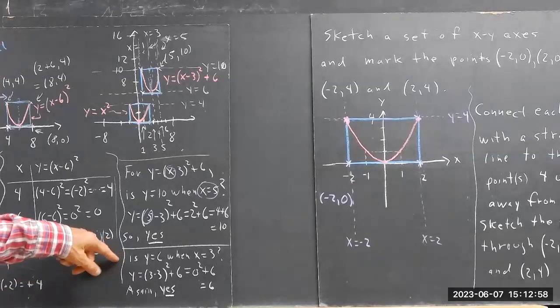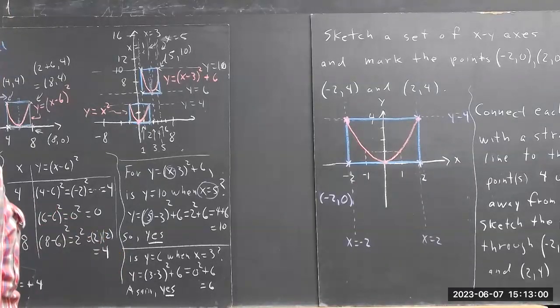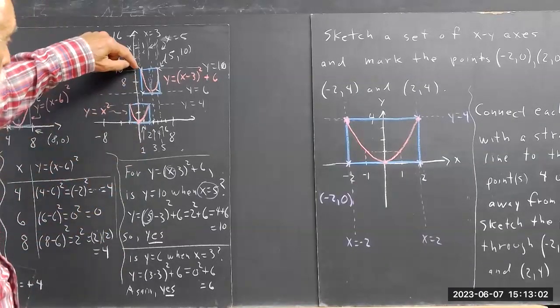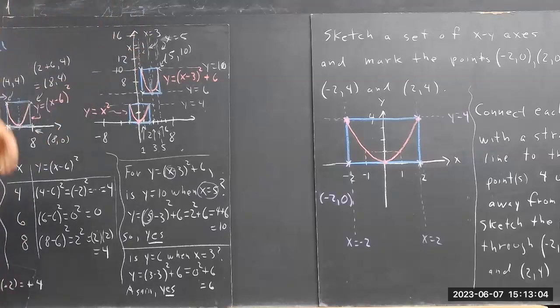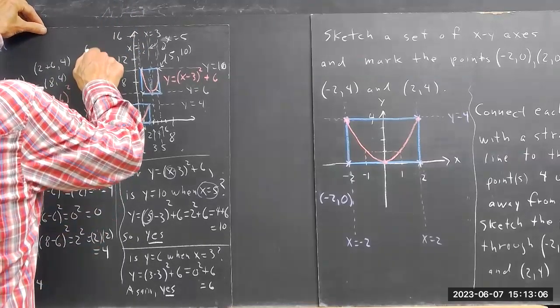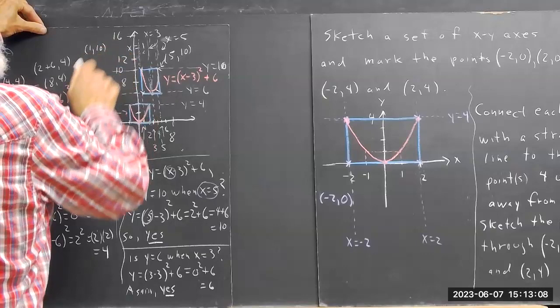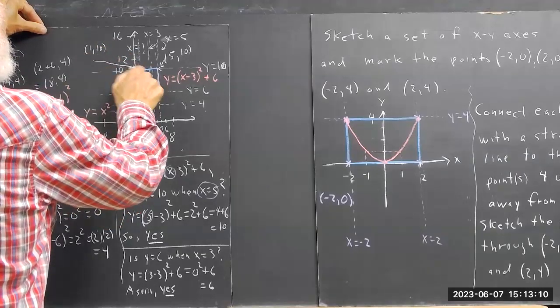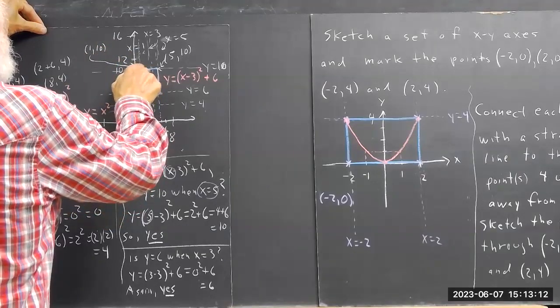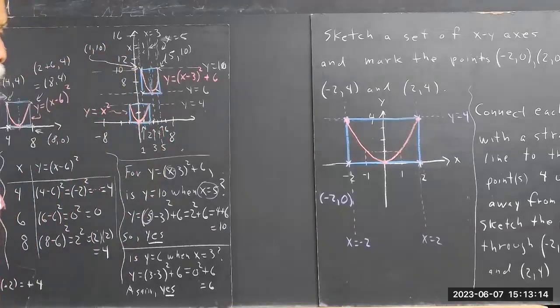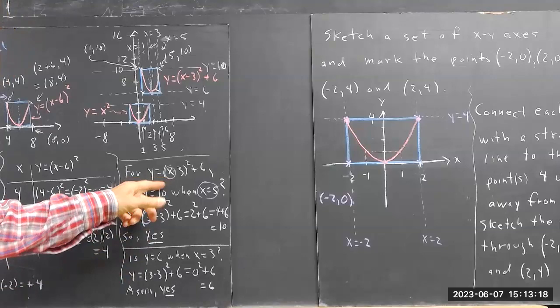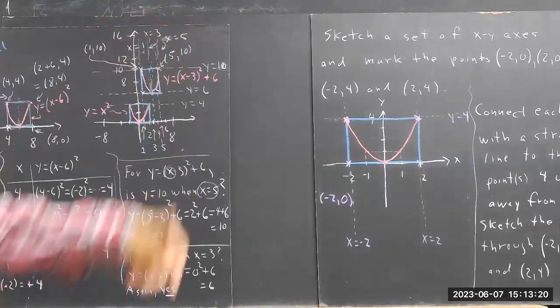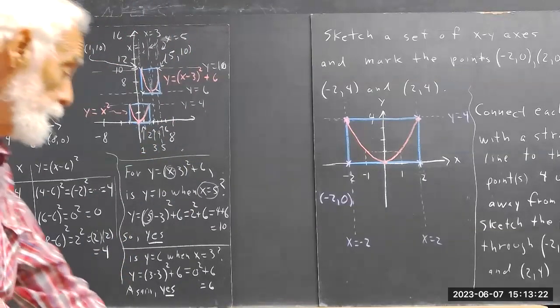And of course, if you plug in x equals 1, this point should be 1, 10. There's the point 1, 10. If x is 1, we plug 1 in for x, you're going to get 1 minus 3 squared plus 6. And the arithmetic is again going to work out.